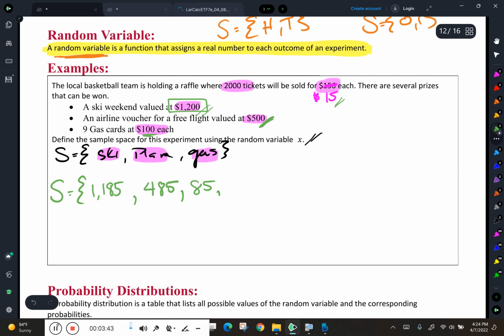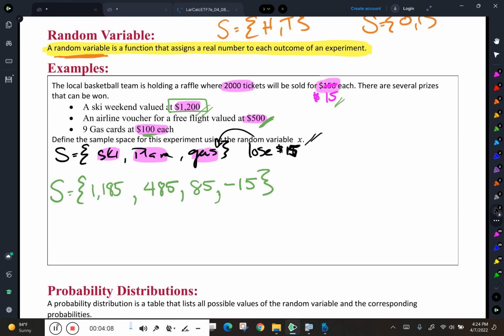And then I have to include a new outcome. And that new outcome is this. Because while there's only those three prizes in here, technically there's a fourth outcome in there. There's a fourth possibility in that sample space, and that is that we bought a ticket for nothing and we lose all of our money. So lose $15.